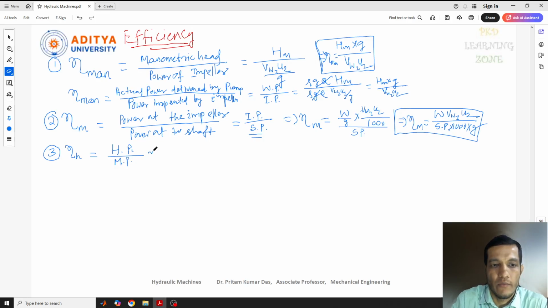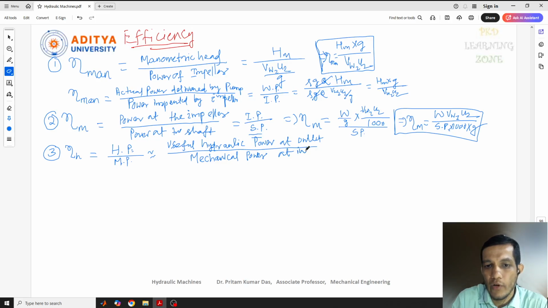So let me write: the useful hydraulic power at outlet or at output, and what is the power supplied at the inlet. That one we can write in terms of mechanical power at input or at inlet. That is hydraulic efficiency.